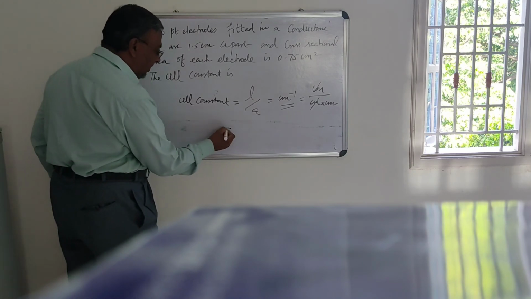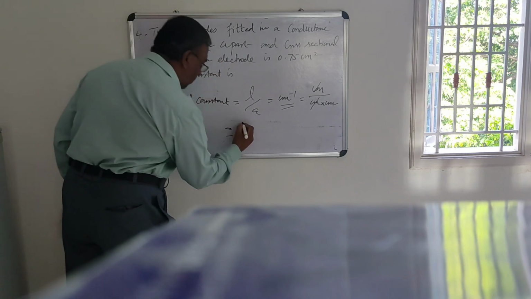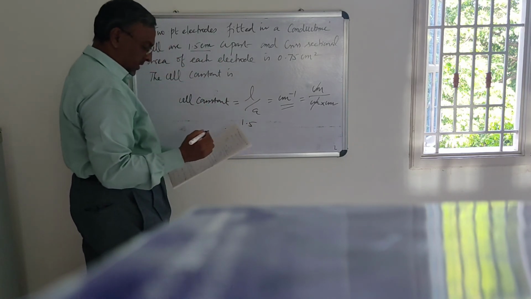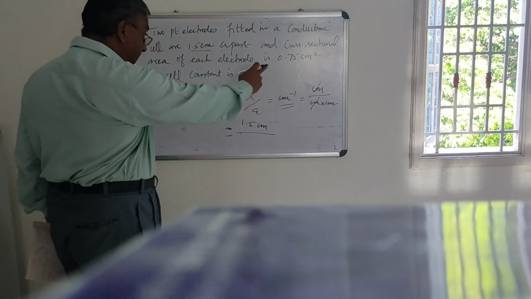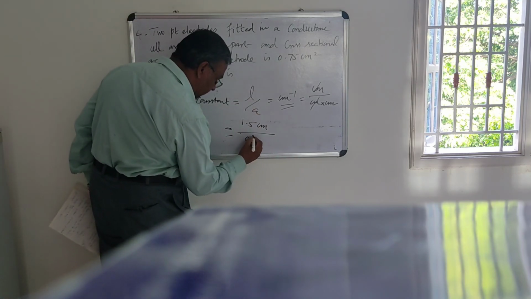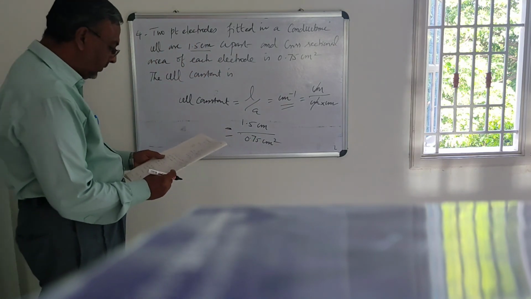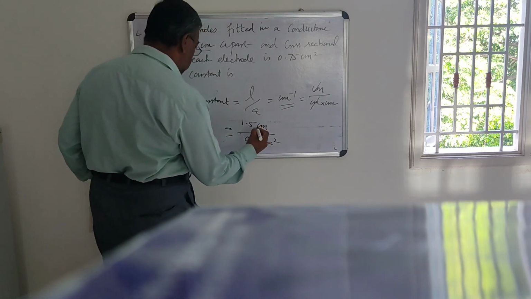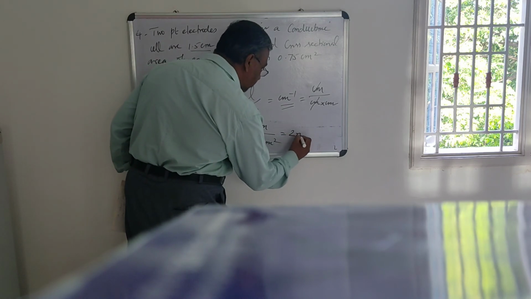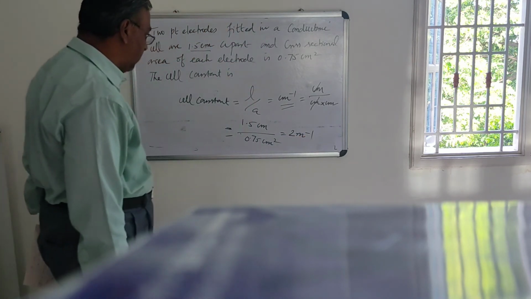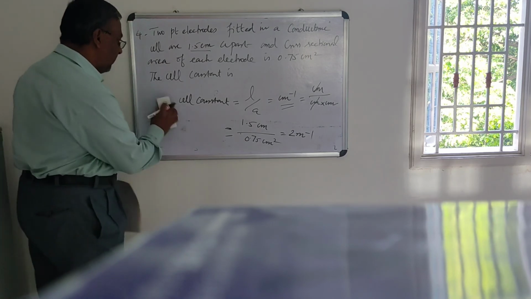The distance between the two electrodes is given as 1.5 centimeter, and the area of cross section is given as 0.75 centimeter square, then it will be equal to 2 centimeter inverse.